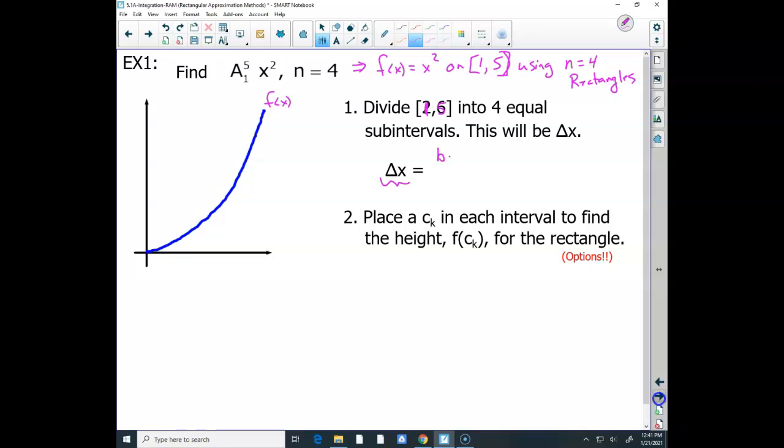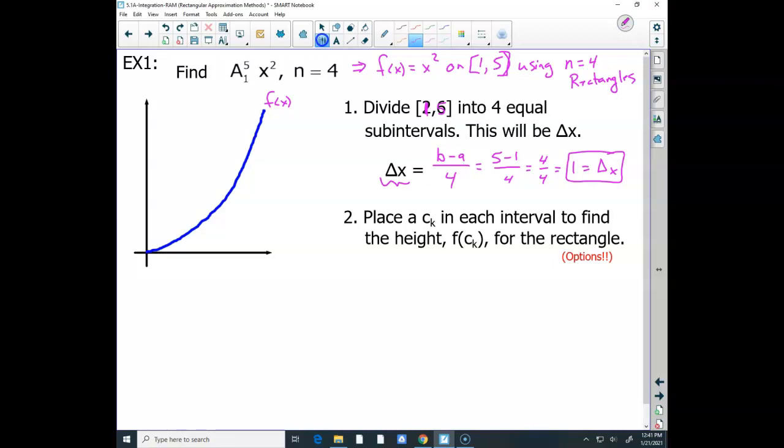That's always going to be b minus a over n, which with a = 1 and b = 5 is 5 minus 1 over, oh, I didn't plug in my n. My n was 4, which gives me 4 over 4, which means the width, or delta x, of each subinterval is going to be 1 unit.